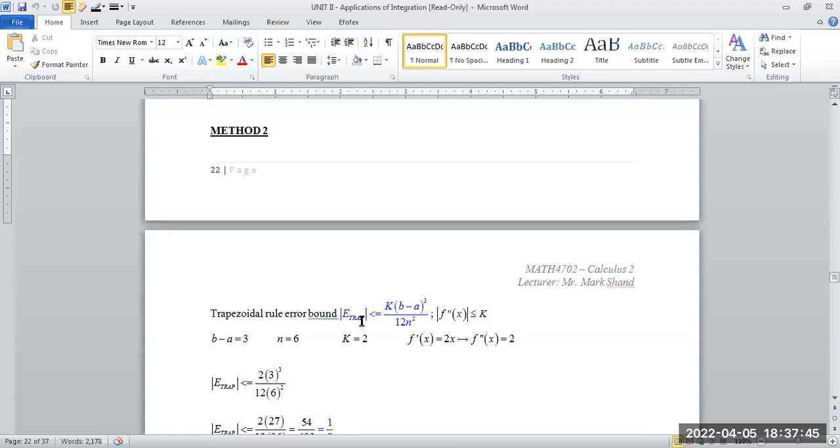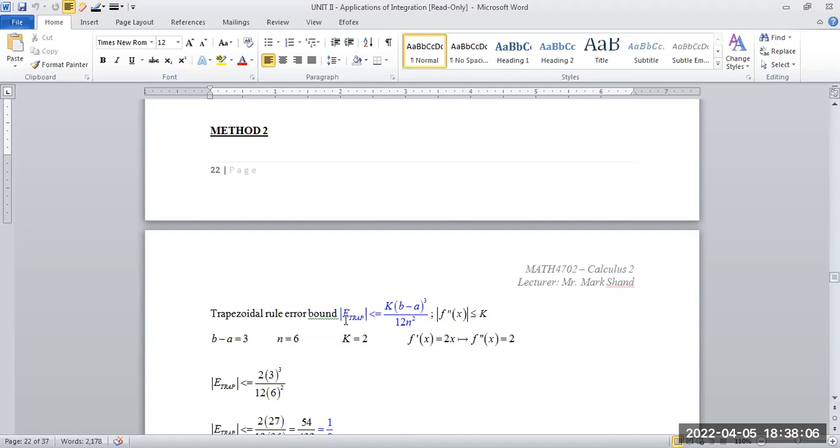E subscript trap means error for the trapezium. You're looking at the absolute value. What is the absolute value, sir? Absolute value means that you will always get a positive value.